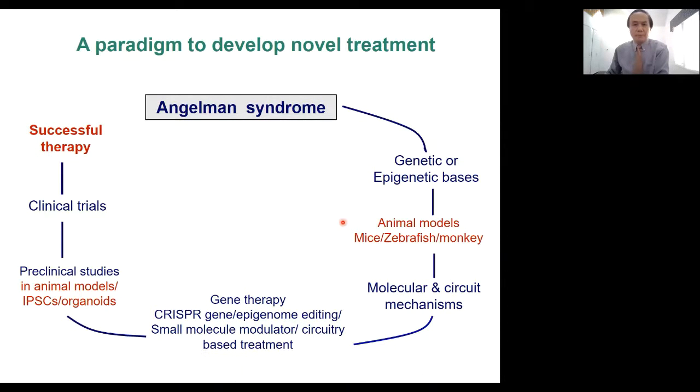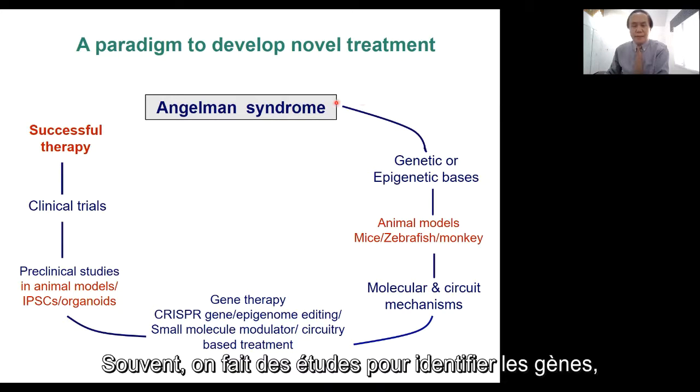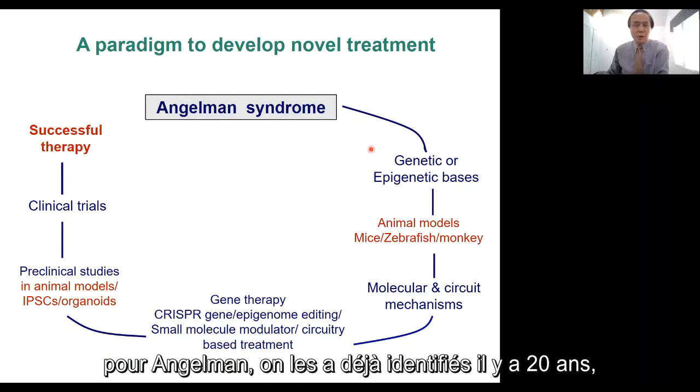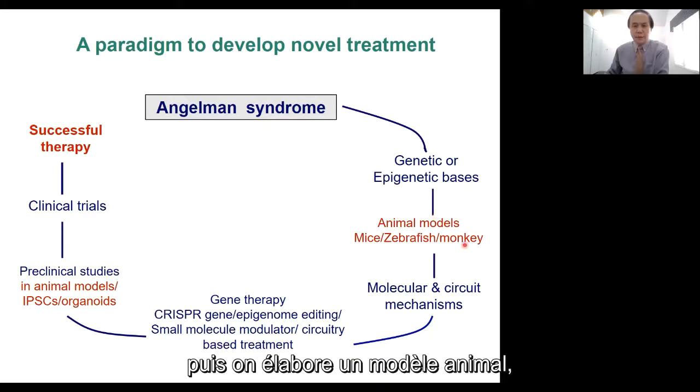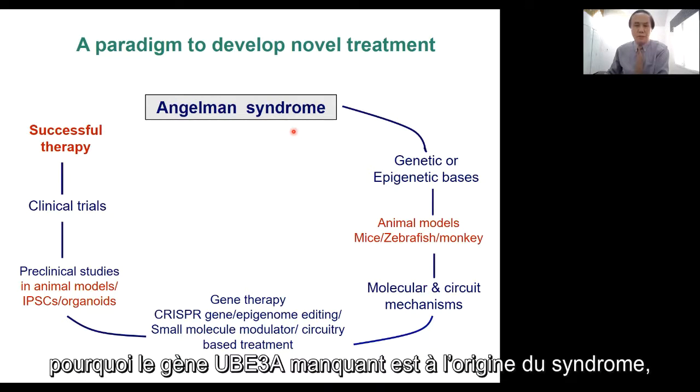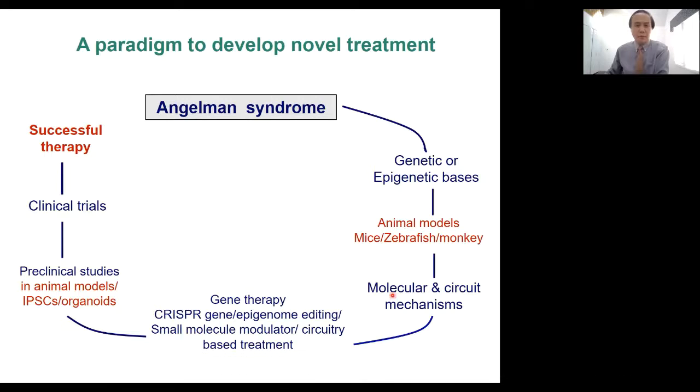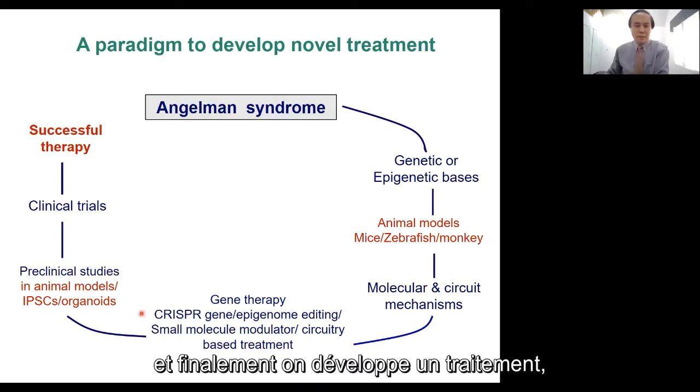Oftentimes, you identify the gene for Angelman. We already identified it 20 years ago, and then you create an animal model, often mice, fish, monkey, and others. Now you're understanding the mechanism, why missing the UBE3A gene causes Angelman, and eventually develop a treatment.